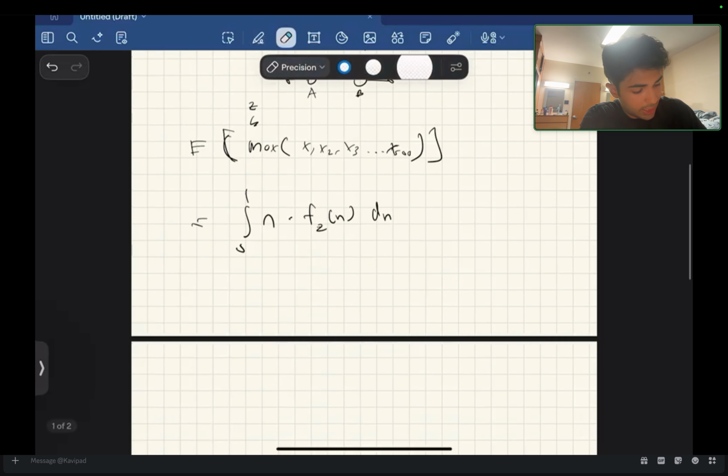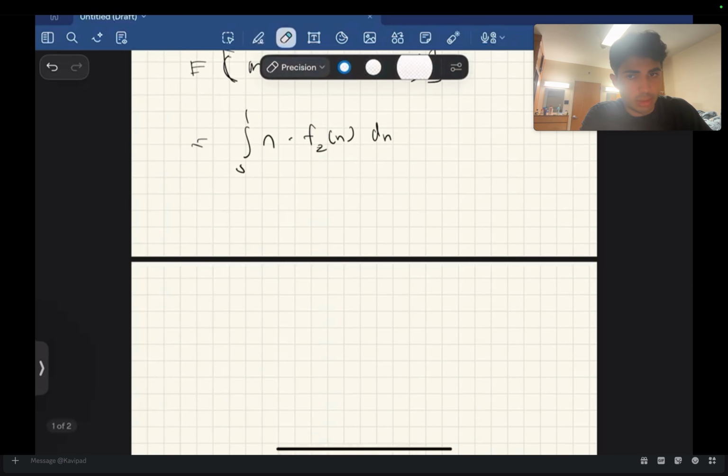Probability density is the derivative of the cumulative distribution, because the CDF represents a mass, and density is a derivative of mass. So if we take the derivative of the cumulative distribution function, we get the probability density function.